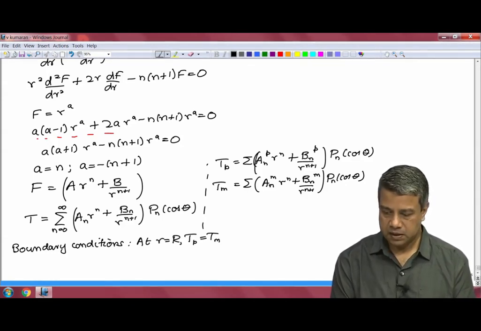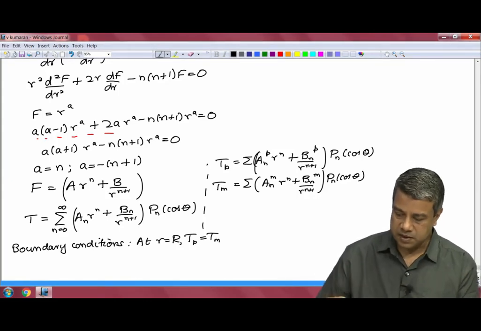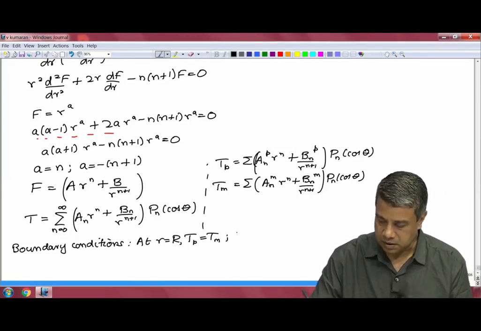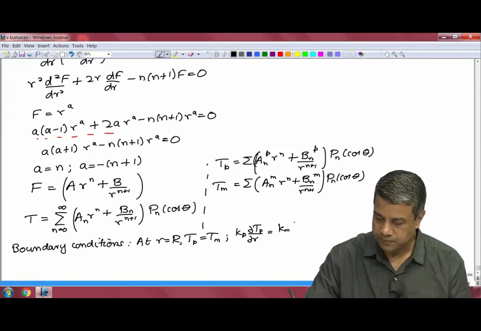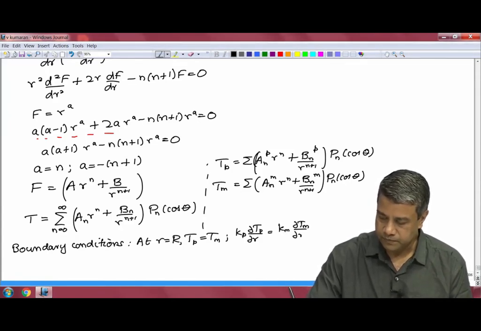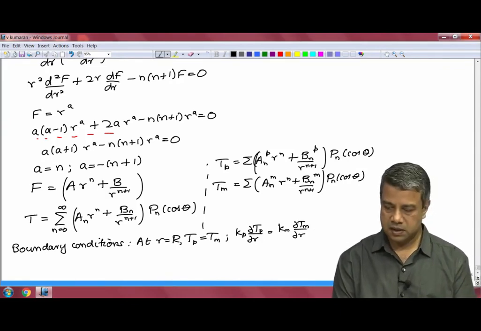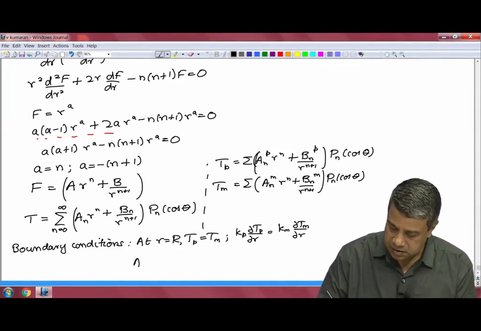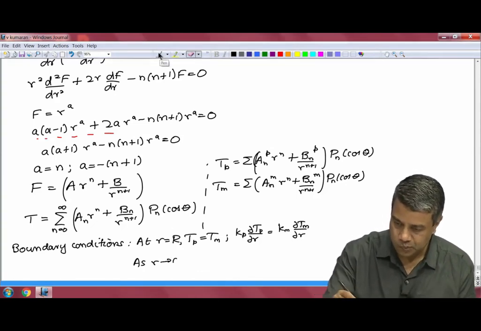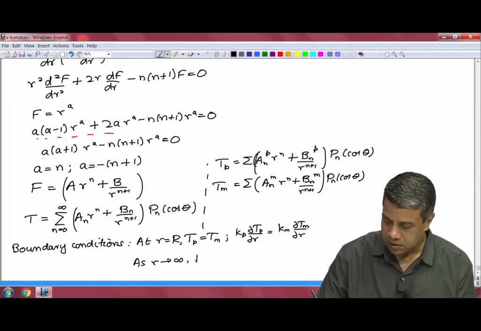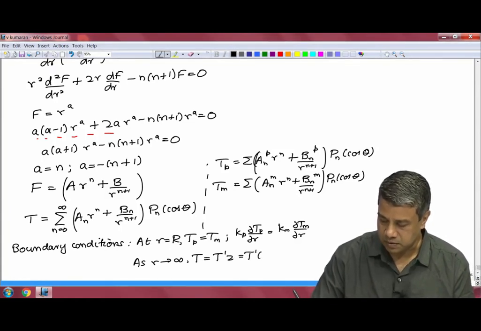So, these are the solutions in the particle and the matrix. At r is equal to R, we have the temperatures are equal and k particle times partial T particle by partial r is equal to k matrix times partial T matrix by partial r. So, those are the two conditions at the interface, and as r goes to infinity, T is equal to T prime into z, which is equal to T prime into r cos theta.